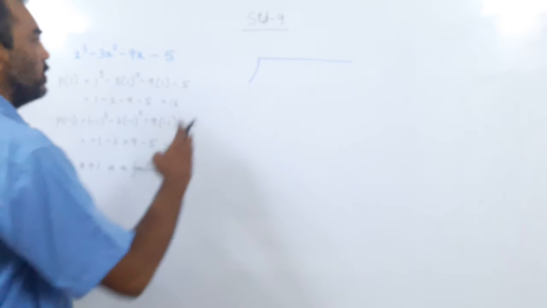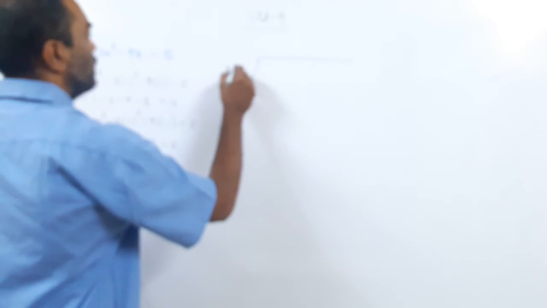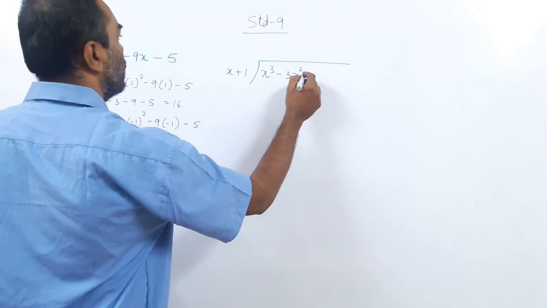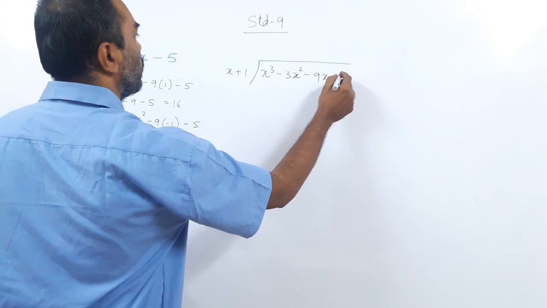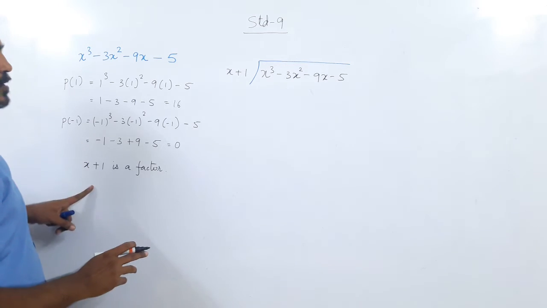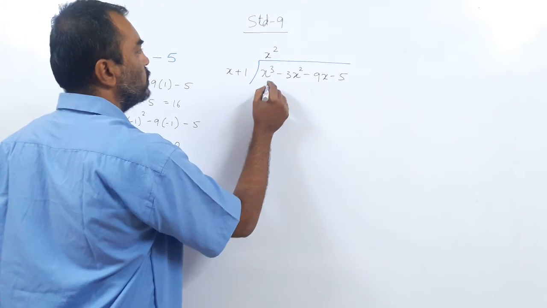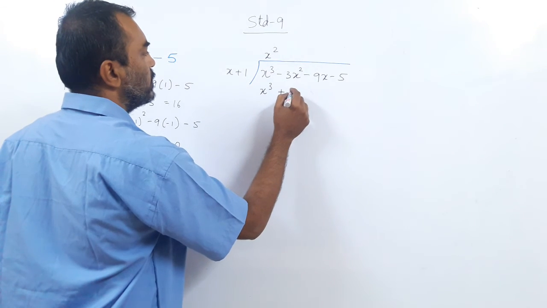So I have got x plus 1 as a factor of x cube minus 3x square minus 9x minus 5. Now x into x square gives me x cube plus x square.